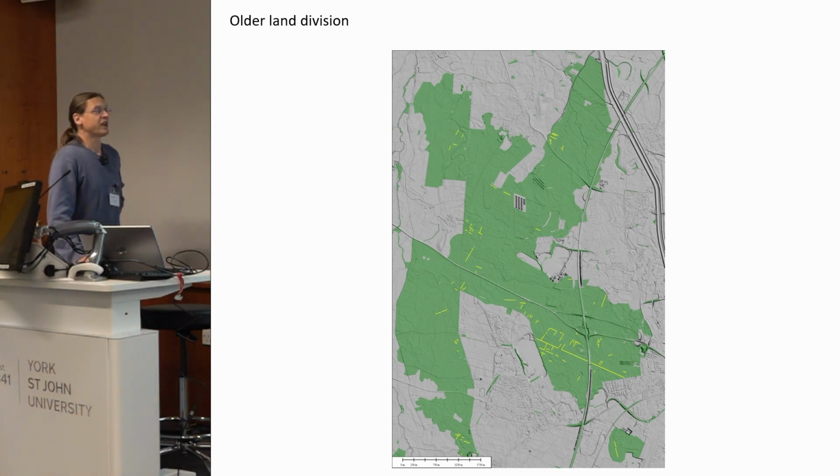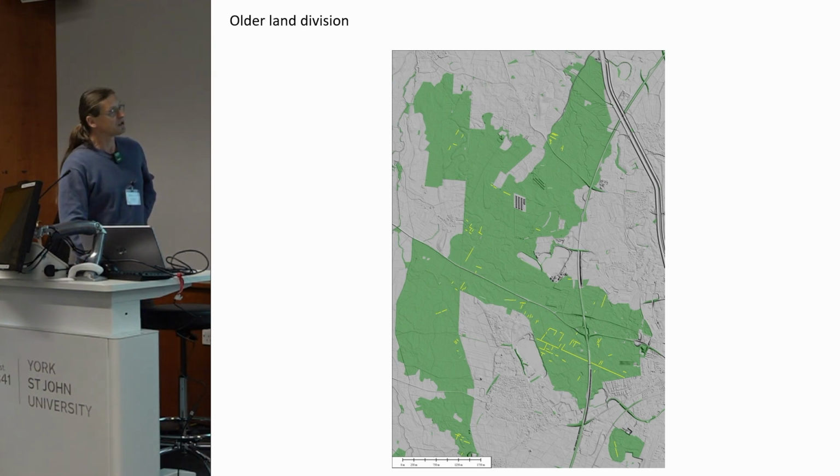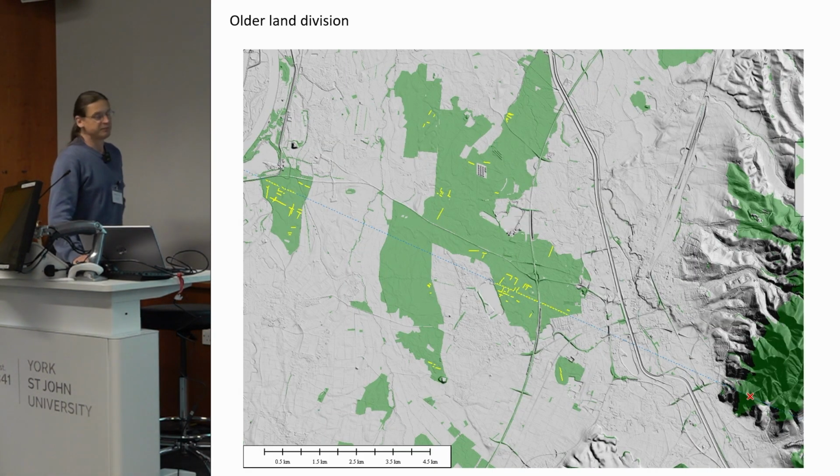Zooming out again, looking at the whole forest, you see that there are some of those traces of an older land division. Zoom out a bit more and you see, oh, it continues in the next forest. And then this line seems to continue all the way through, even though there's fields in between and have been fields in between for several hundred years, aiming at the peak of a small hill from which we have, for example, Roman finds.